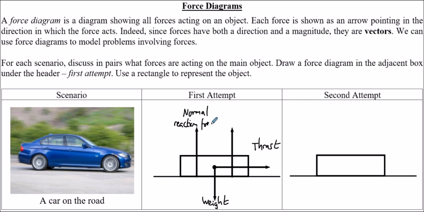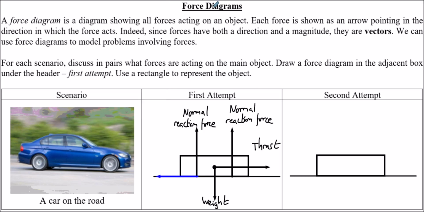So if the car is in perfect balance and the drivers aren't much heavier than the passengers at the back, then these normal reaction forces should be pretty much equal at the front and the back of the car. Now here, we could think there's going to be some friction on the road acting against the motion. So I'm going to do an arrow here pointing backwards because that's quite hard to see. I'm just going to colour this in a blue colour.